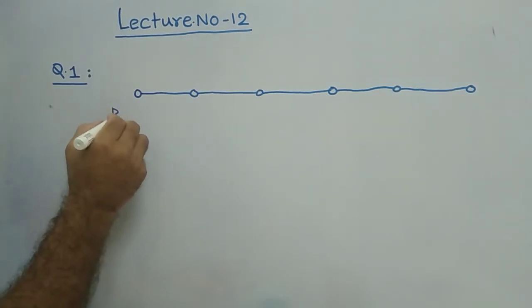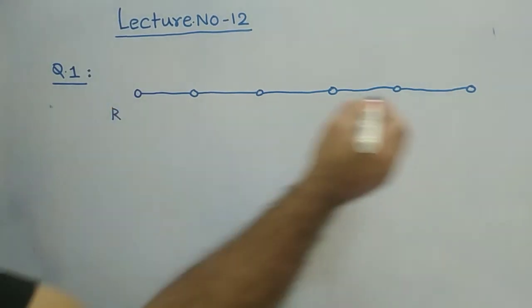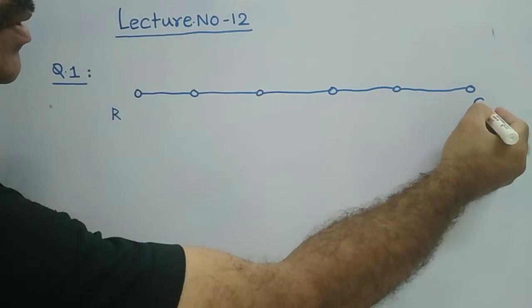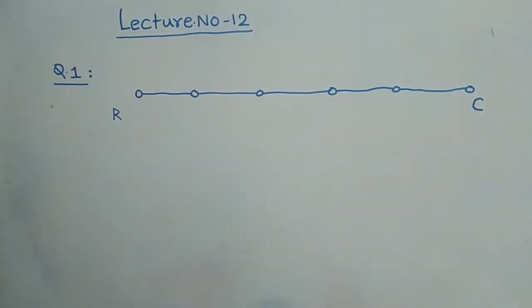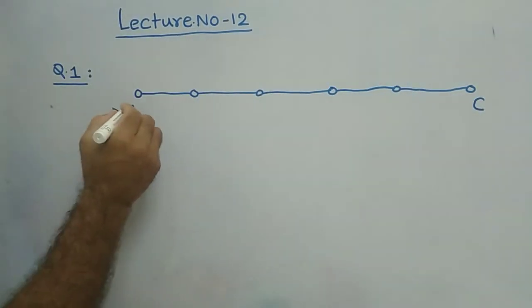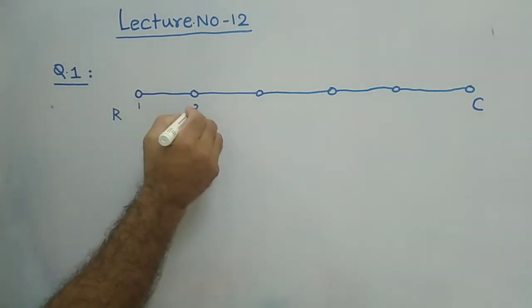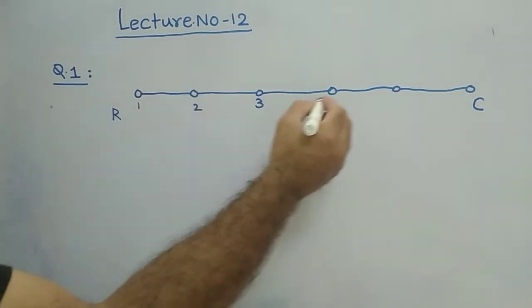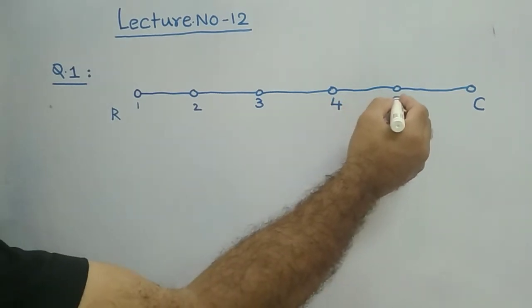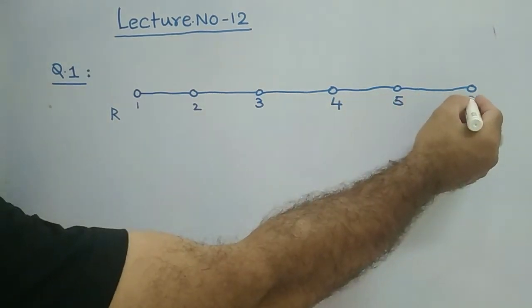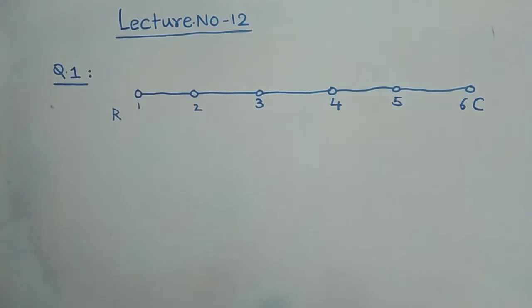This is your R, this is your C. Okay, this is your node 1, node 2, node 3, node 4, node 5, and node 6.